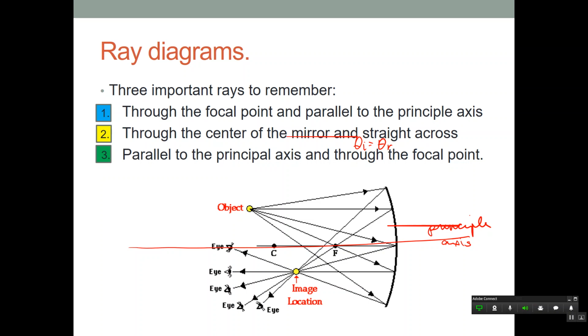So which one of these rays is that one? I just pointed to it. C, exactly. And the third one is parallel to the principal axis and through the focal point. So which one is that? So here they are identified.